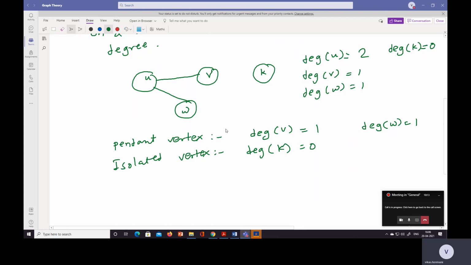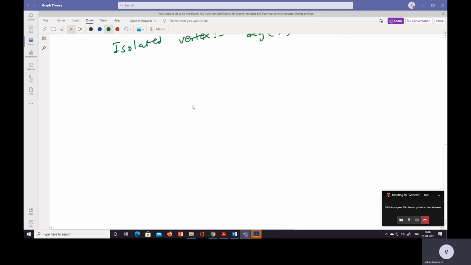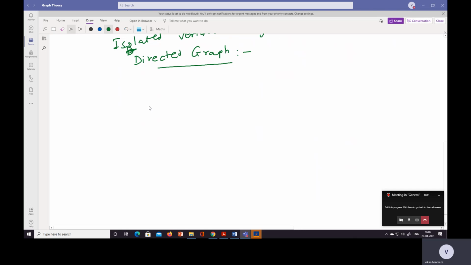So this is about computing the degree of a vertex in the case of an undirected graph. Now we'll see the directed graph. For the edge (u, v), u is adjacent to v, or v is adjacent from u.